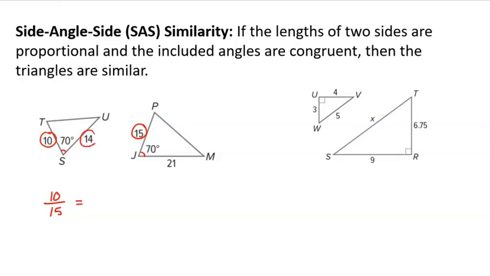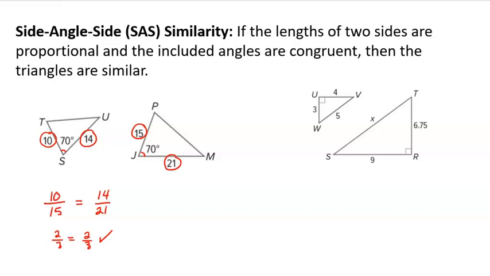And then we've got 14 and 21. And 10 over 15 is the same as 2/3. And then 14 over 21 is the same as 2/3. So those two sides are proportional, and then the included angle is congruent, so these are going to be similar.